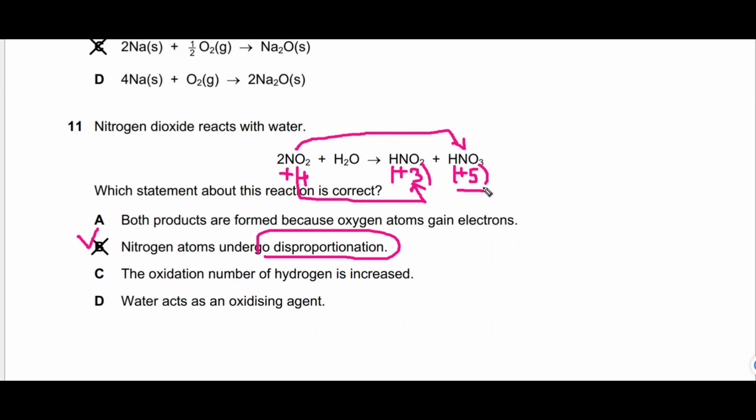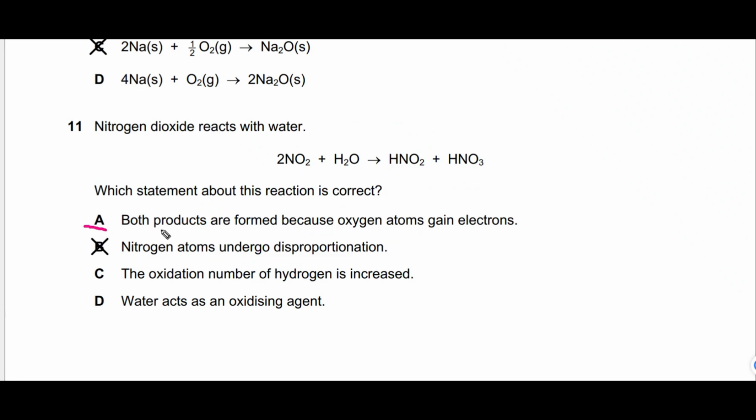Here +4 to +3 the oxidation number of nitrogen decreased, so reduced, and +4 to +5 it increased, so oxidized. The same element, nitrogen, is simultaneously oxidized and reduced. That's why this is a disproportionation reaction. So nitrogen atoms undergo a disproportionation reaction.